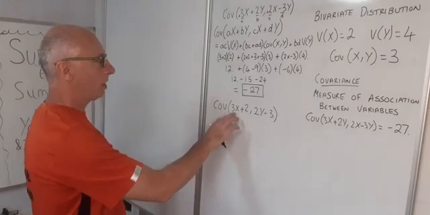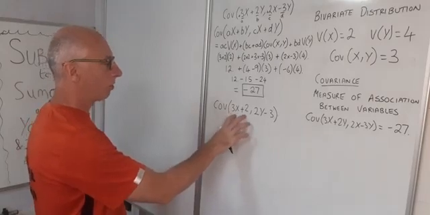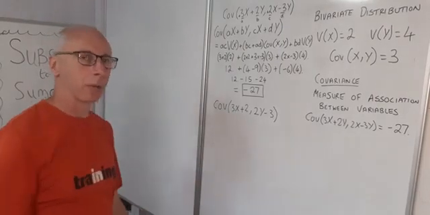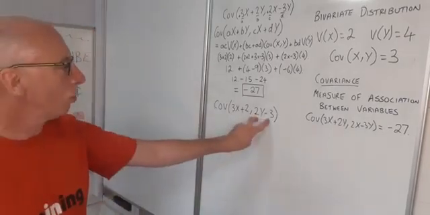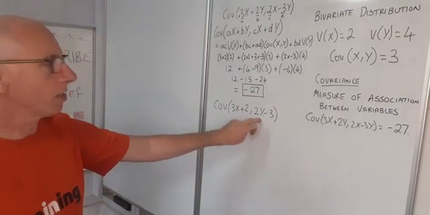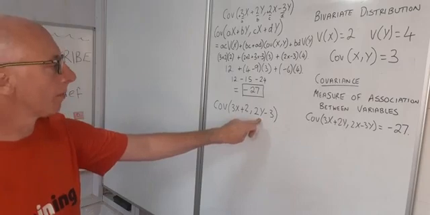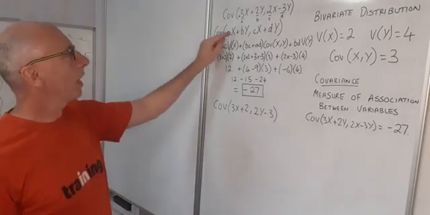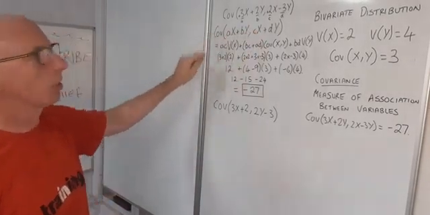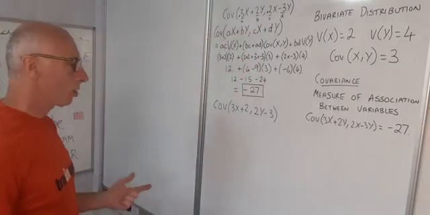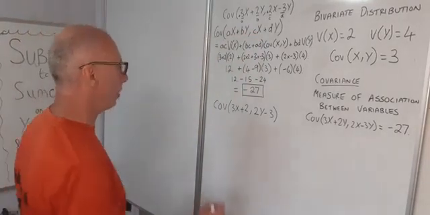So we've got 3x plus 2, which only involves the random variable x, and 2y minus 3, which only includes the y. So the formula here is not going to work, and we need to use a slightly different formula for this one.